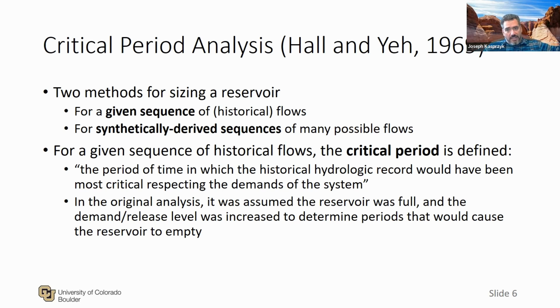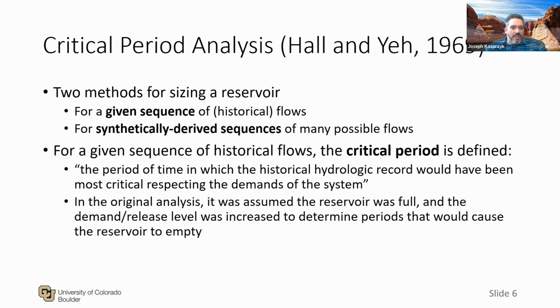This goes back to the hydrologic inputs that we talked about on the first day, where you have this input of water. Where does that input of water come from? Okay, so there's this given sequence of historical or observed flows. That's one way to do it. And then there's synthetically derived sequences of many possible flows, which in some respects is the more modern way to do it.